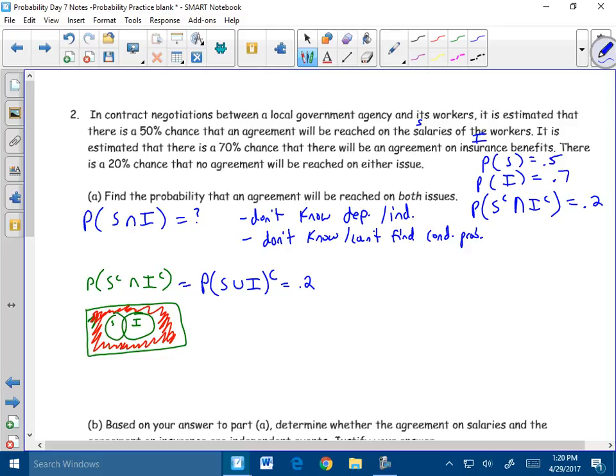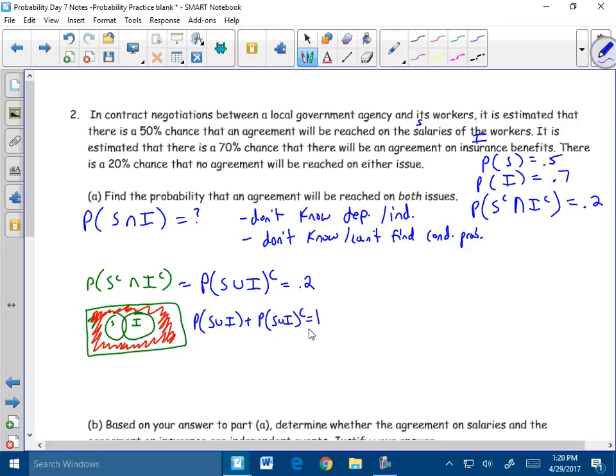So how does that help me? Well, I know then that I can figure out what this probability is when I put the two circles together, because the probability of something happening plus the probability of that thing not happening has to add up to be 1. So the probability of S or I plus the probability of S or I complement has to add up to be 1.